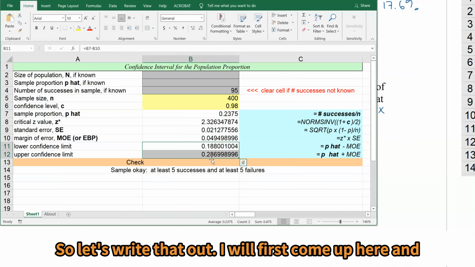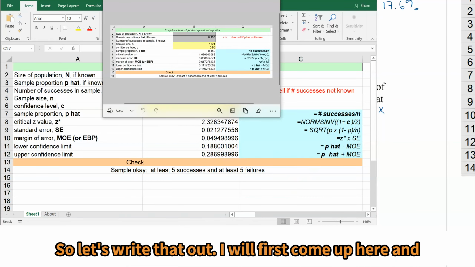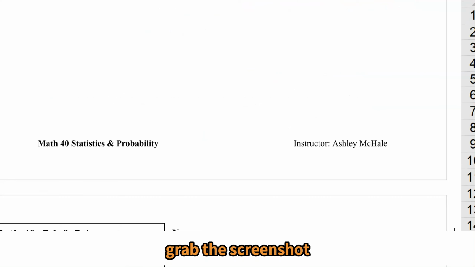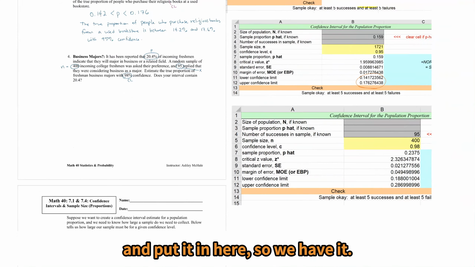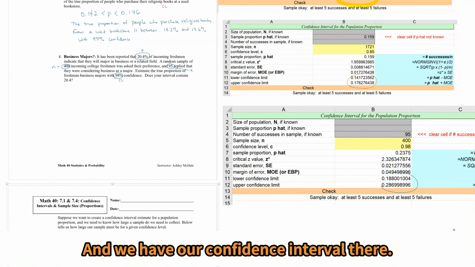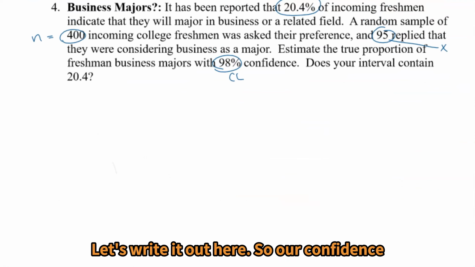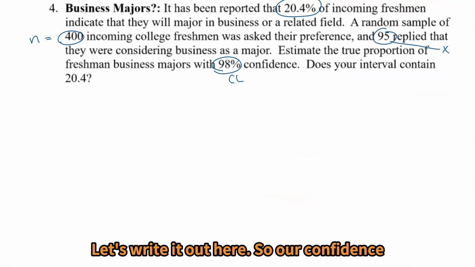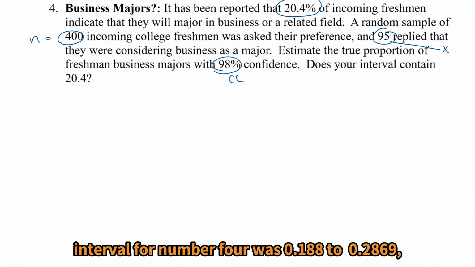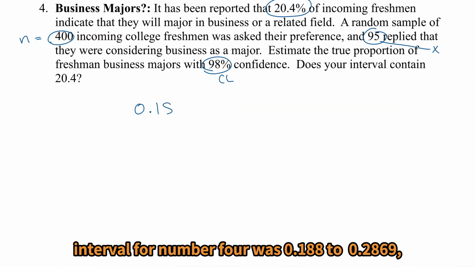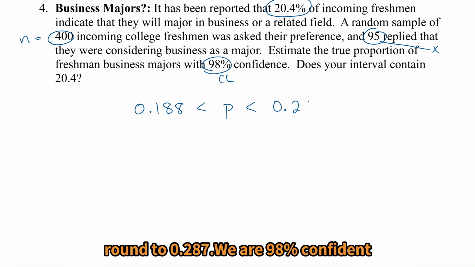So let's write. I will first come up here and grab the screenshot and put it in here so we have it. And we have our confidence interval there. Let's write it out here. So our confidence interval for number 4 was 0.188 to 0.2869, we'll round up to 287. We are 98% confident.